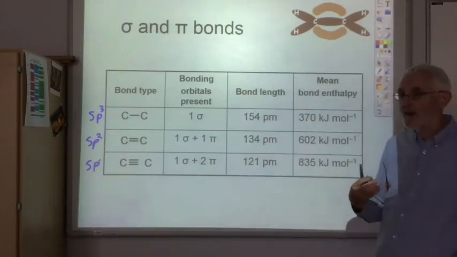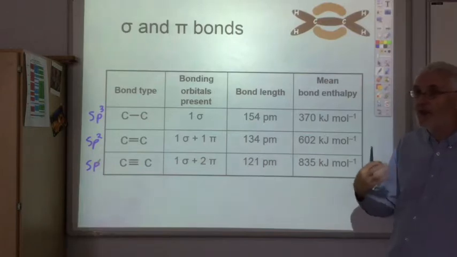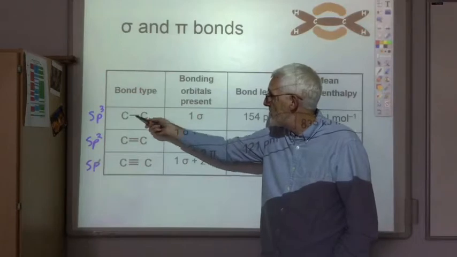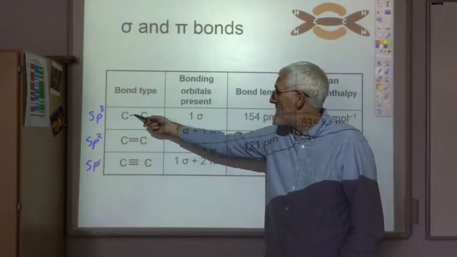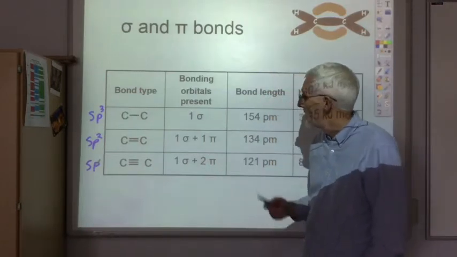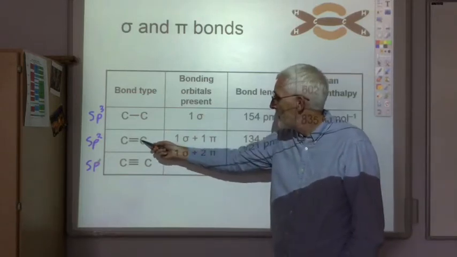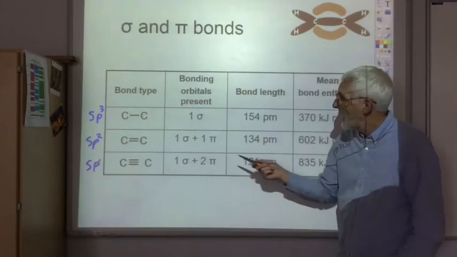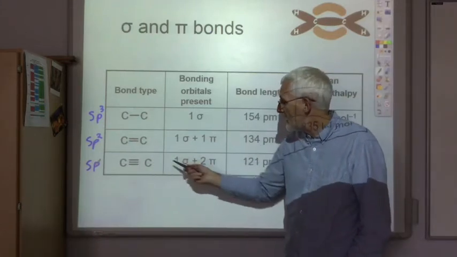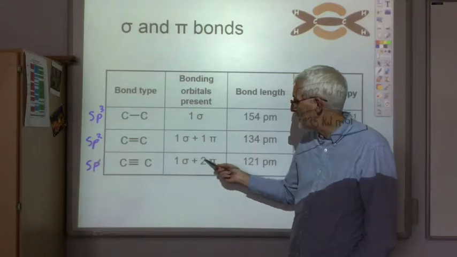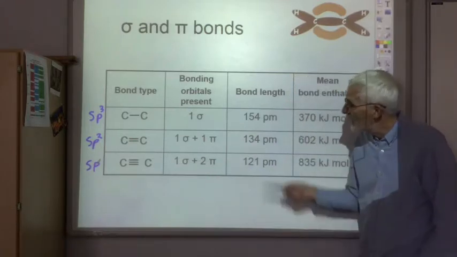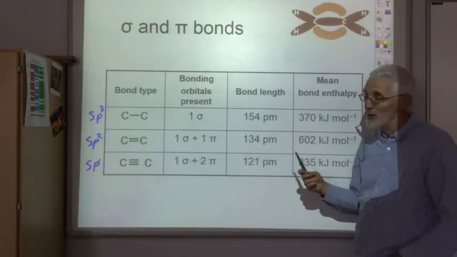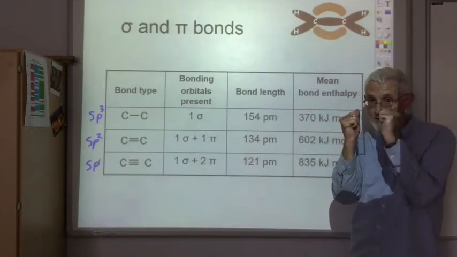And we look at the effect on the carbon-carbon bonds. Well, in the alkane, the bond is a sigma bond. In the alkene, one of them is a sigma bond, but the other one's a pi bond. And in the alkyne, only one of the bonds is sigma and 2 of them are pi bonds. The bond length gets shorter. The more bonds you have between the 2 carbons, the closer they're going to be pulled together.